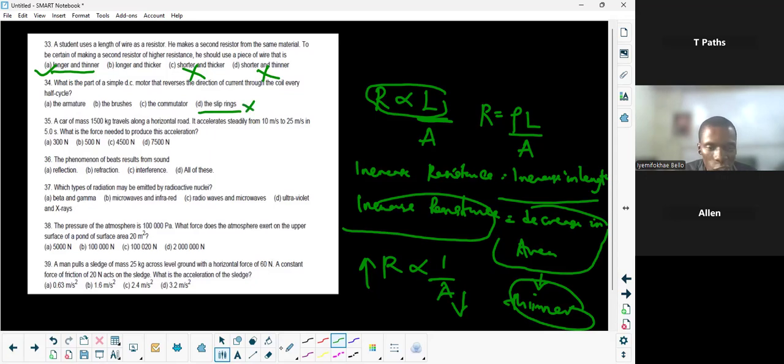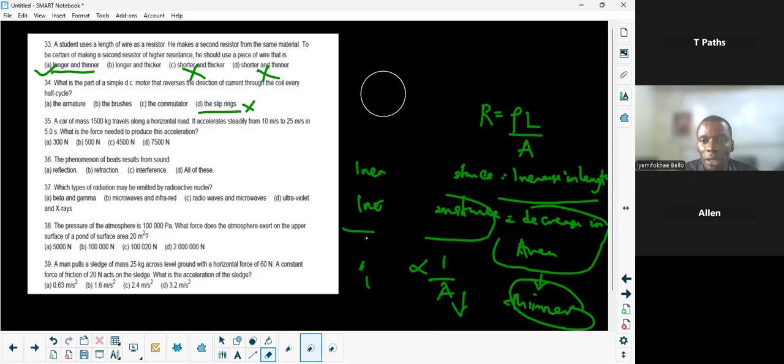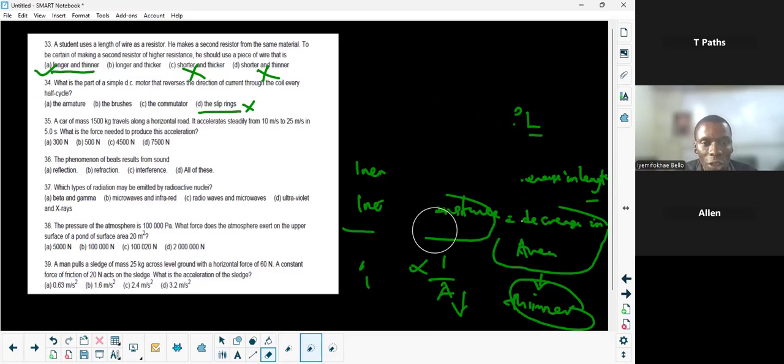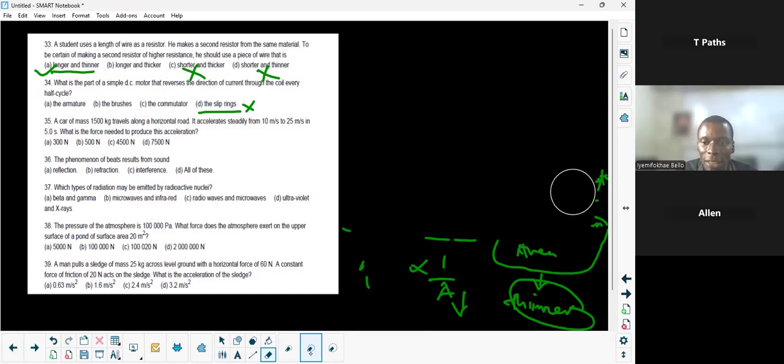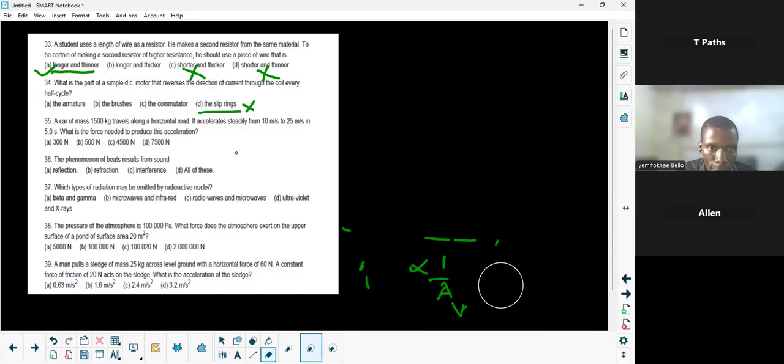The slip ring is wrong. Why is it wrong? The slip ring is used for an AC motor, not a DC motor. DC motor uses a split ring commutator, while AC uses slip rings. So slip ring is wrong for DC.